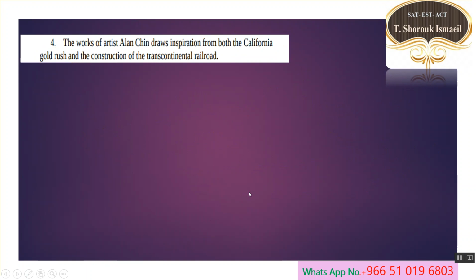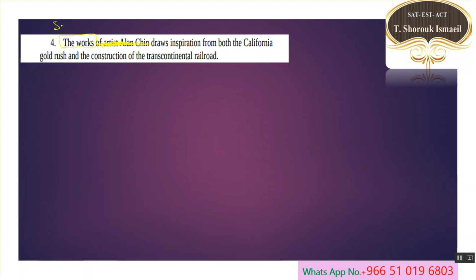Move on. The works of artist Alan Chen draws inspiration from both the California Gold Rush and the construction of the transcontinental railroad. Okay, so what am I talking about? I'm talking about the works. I don't need to know the rest of it because it's just a prepositional phrase to tell me which works I'm talking about.